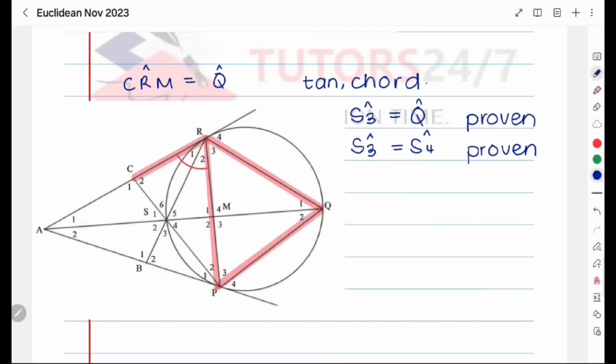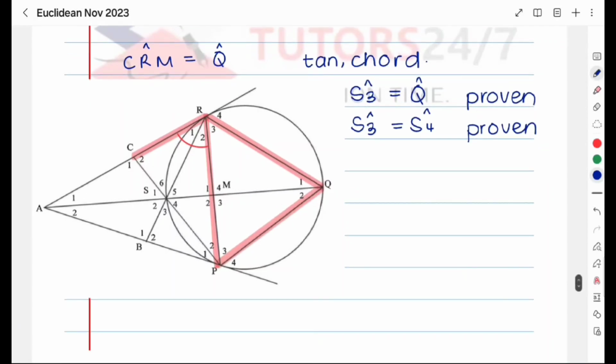So now that we know that S4 is equal to S3 and S3 is equal to the angle Q and Q is equal to the angle CRM, that means that the angle S4 is equal to the angle CRM.